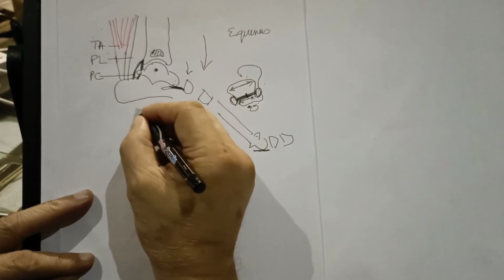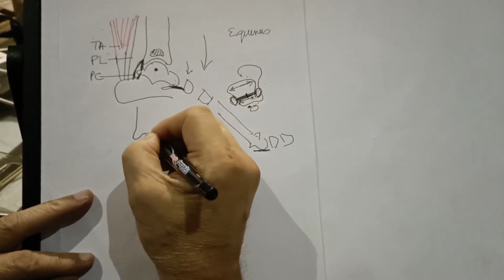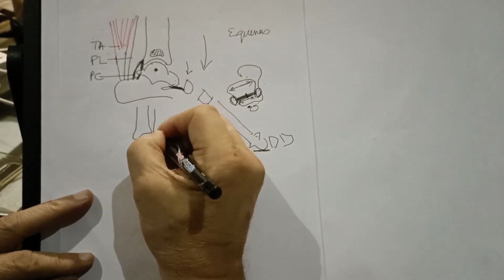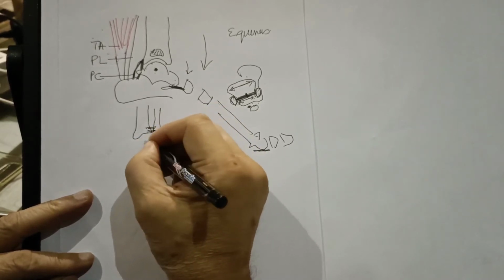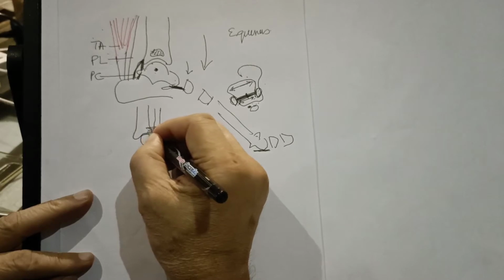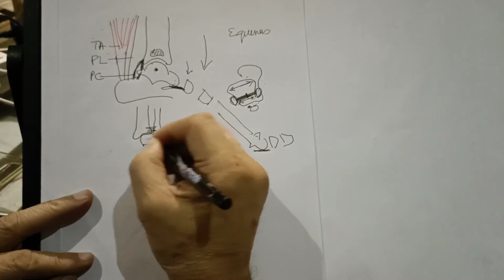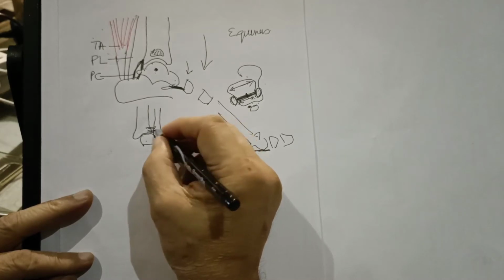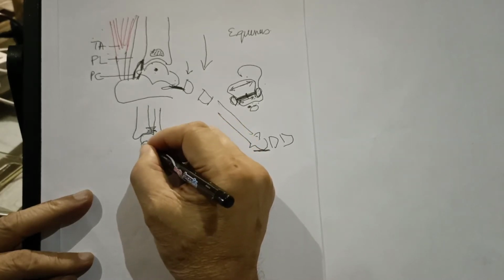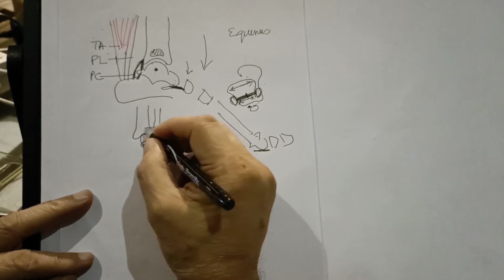This is the tibiofibular ligament. So if you divide the tibiofibular ligament, then this broader portion of the talus would be able to dorsiflex and go into the ankle.